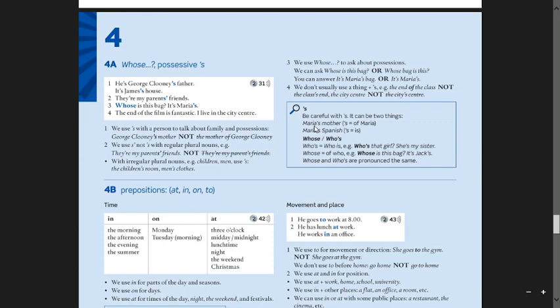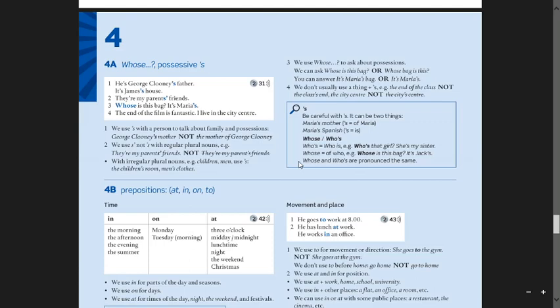For example, Maria's mother, that is to say, the mother of Maria, that as you know is wrong, but I say that in order for you to understand. And Maria's Spanish, here the apostrophe s is the abbreviation of the verb to be, is. And the same with whose. It's not the same this word as this word, because here it is the abbreviation of who is.